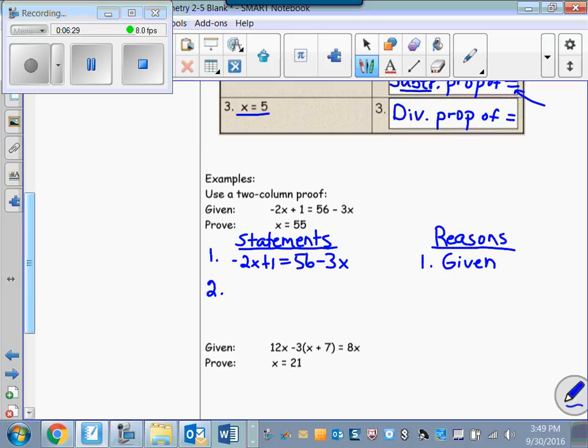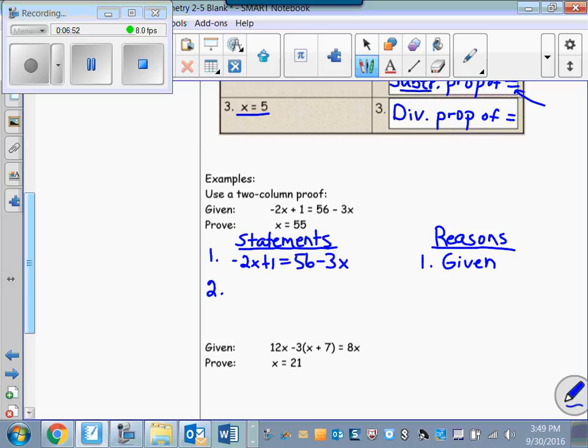All right, number 2. Let's see, we're trying to prove that x equals 55. I've always got to keep my eye on what I'm trying to prove. So I know from Algebra 1 that what I always want to do is get my x's on one side and my numbers on the other side. So I think what I will do is add 3x to both sides.